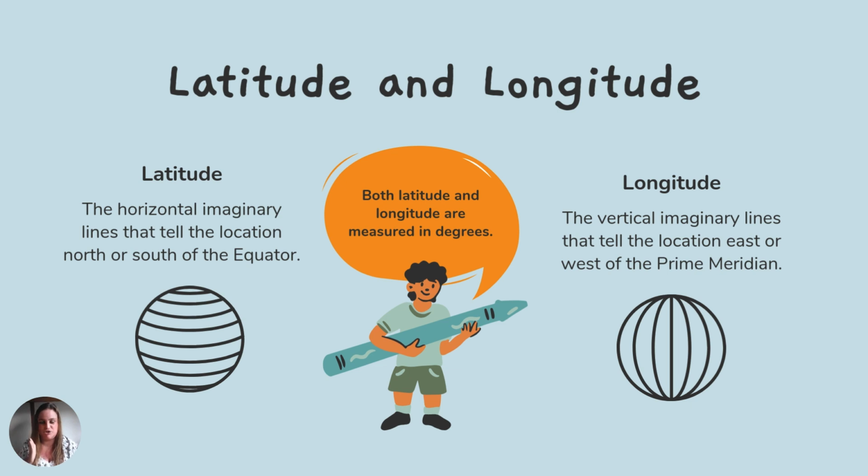Now longitude, the vertical imaginary lines that tell the location east or west of the prime meridian. Now that can also be called our international dateline.